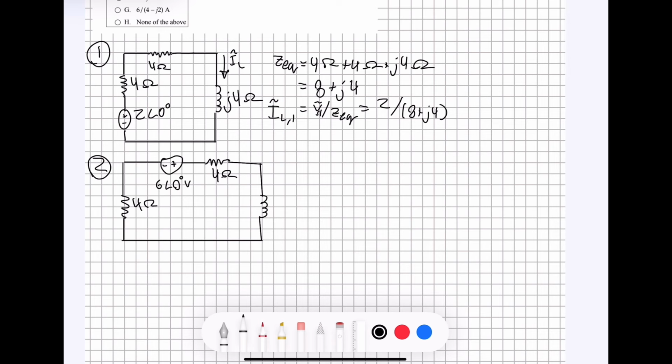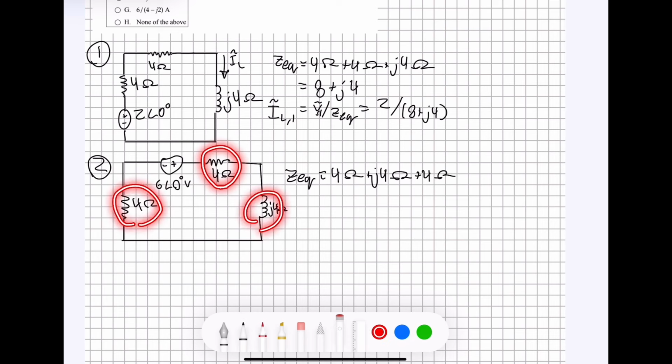Now we're going to use basically the same method we did for the last circuit, where we find the equivalent impedance. That's going to be equal to 4 ohms plus j4 ohms plus 4 ohms, because once again, these 3 are all in series.